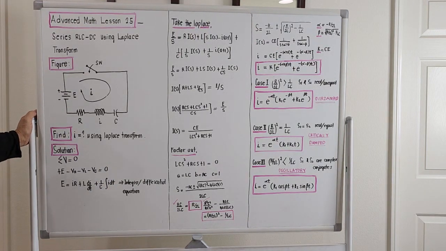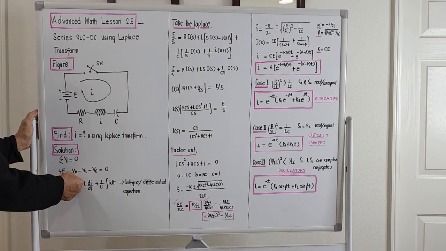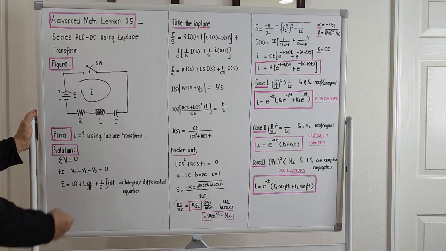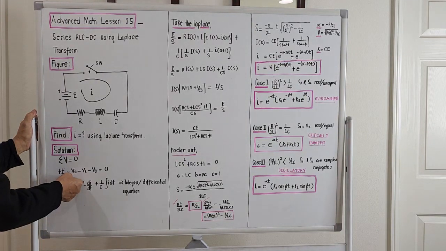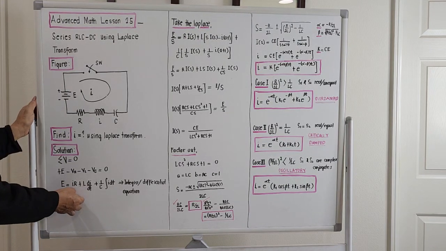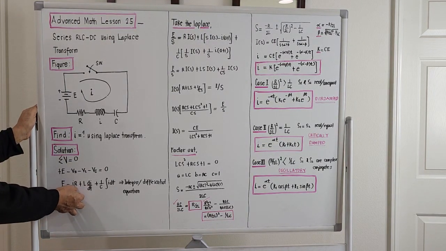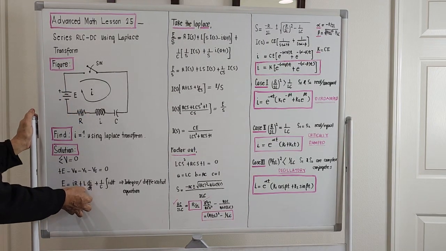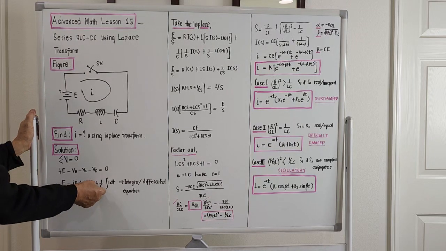Okay, let's try to bring out the equivalent of V sub R, V sub L, and V sub C. We will transpose all the negative terms to the right. So E now, V sub R is I, small i times R, and V sub L is the inductance of the coil times the derivative with respect to time of current, the rate of change of current with respect to time.